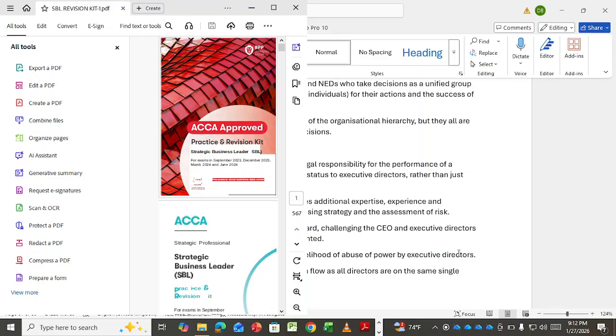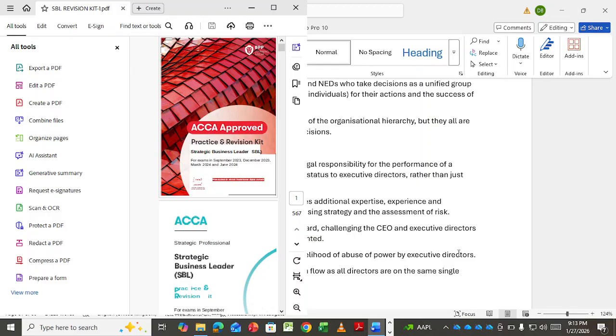The other advantage of having a hierarchy, it helps to bring independent scrutiny on the board by the non-executive directors. Because the non-executive directors will not be taken as the bosses, but since they are all legally responsible for the running of the company, they are trying to challenge each other, the executive directors and the non-executive directors, to scrutinize to be able to make a good decision before it is being implemented.